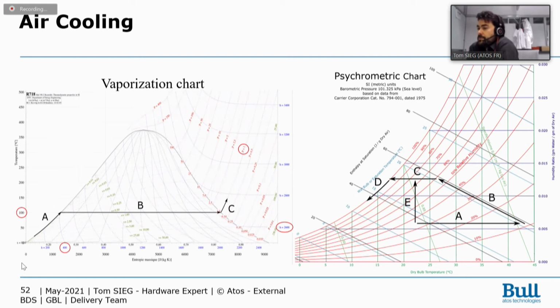Maybe it's not useful for everyone to know it perfectly, but you will see that all the cooling systems use these charts: temperature, entropy, mass, heat, humidity, dry. You will see we are always relating to that.